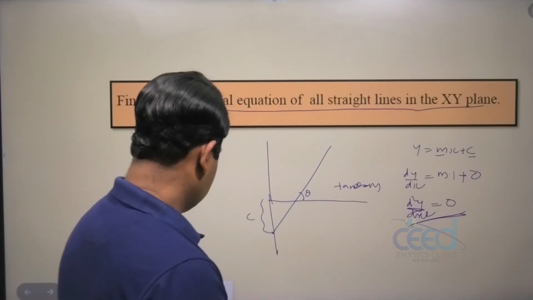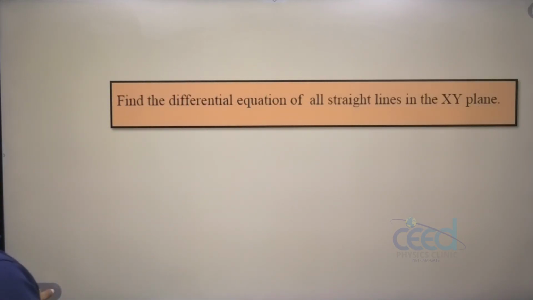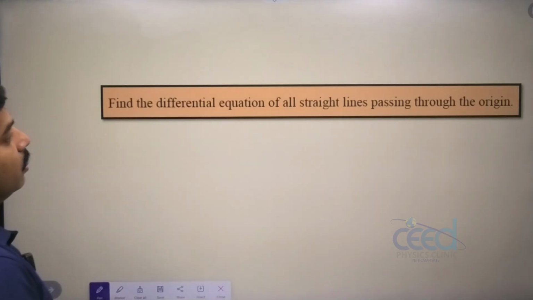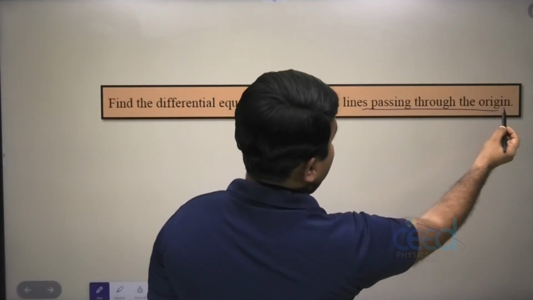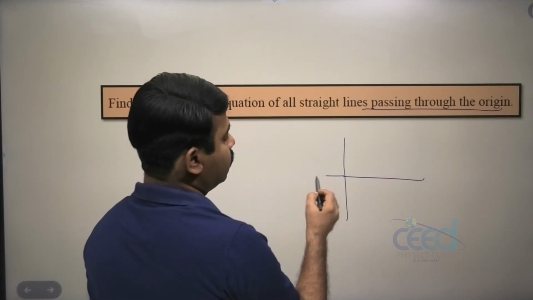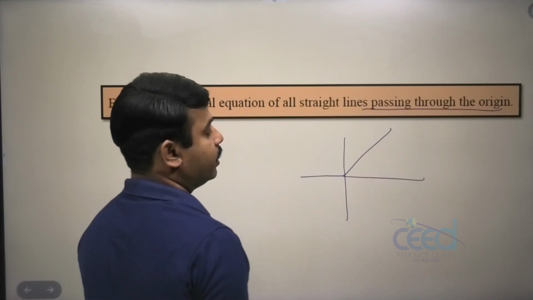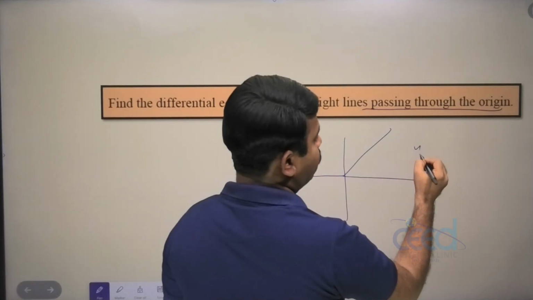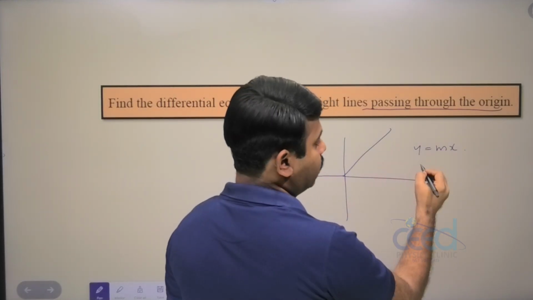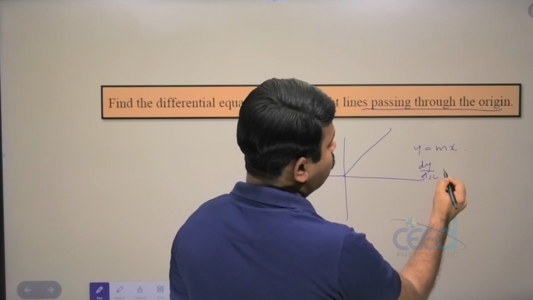Now the next question is, find the differential equation of all the straight lines passing through the origin. If it is passing through the origin, then y is equal to mx, with no intercept. Then you have to differentiate 1 time only. dy by dx is equal to m.